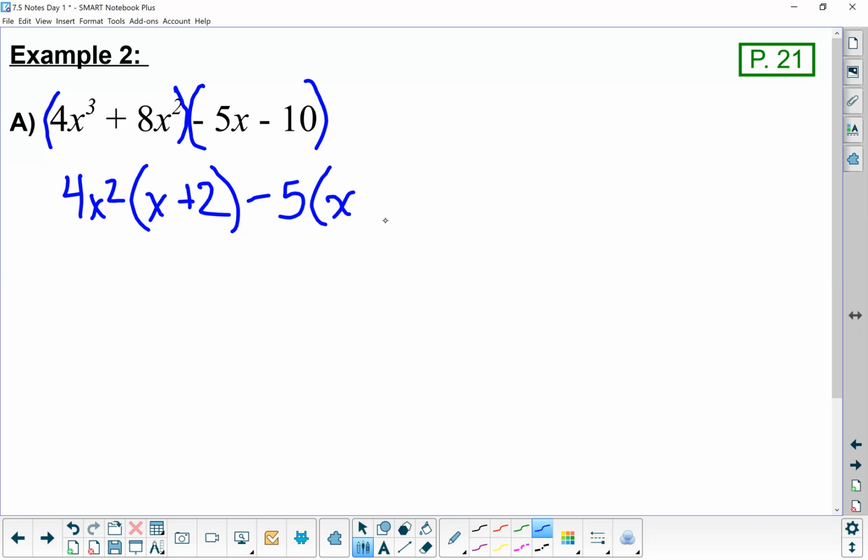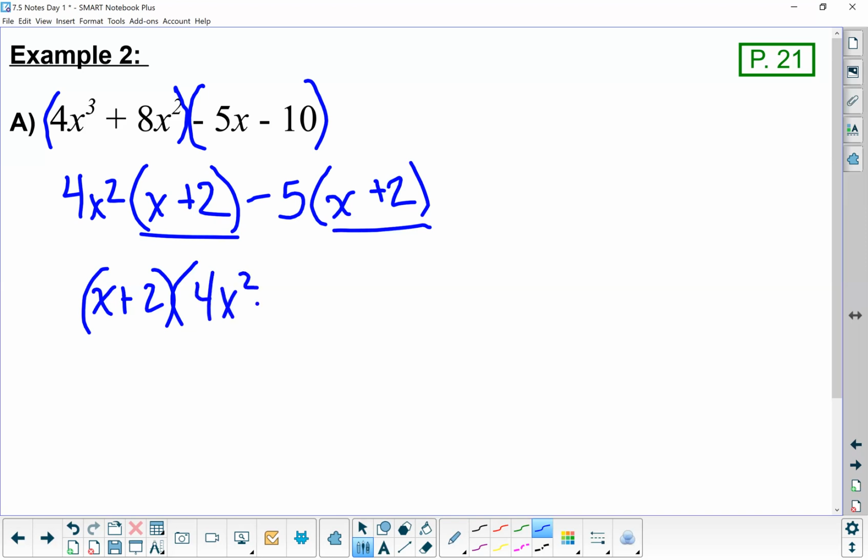Negative 10 divided by negative 5 is 2. The x plus 2 is my common factor that can come out. When I factor that out, I'm left with 4x squared minus 5.